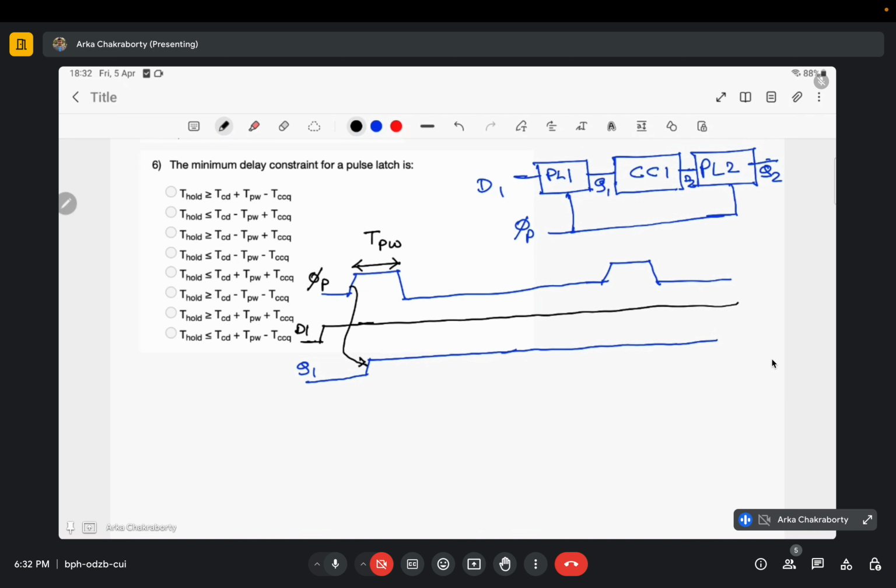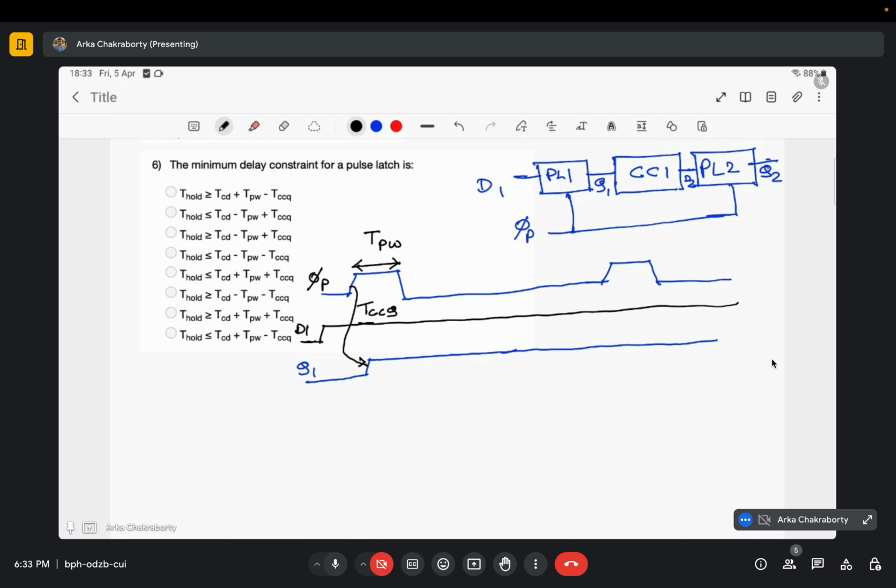As we are looking for minimum delay constraint, so we are looking into contamination delay cases, right? So hold time would come into picture, and this delay would be called T contamination clock to Q, right?